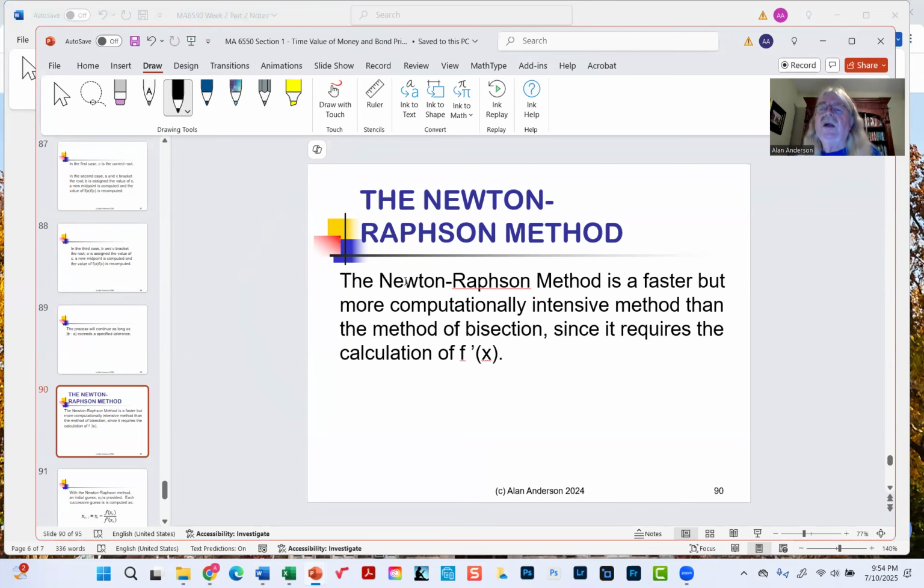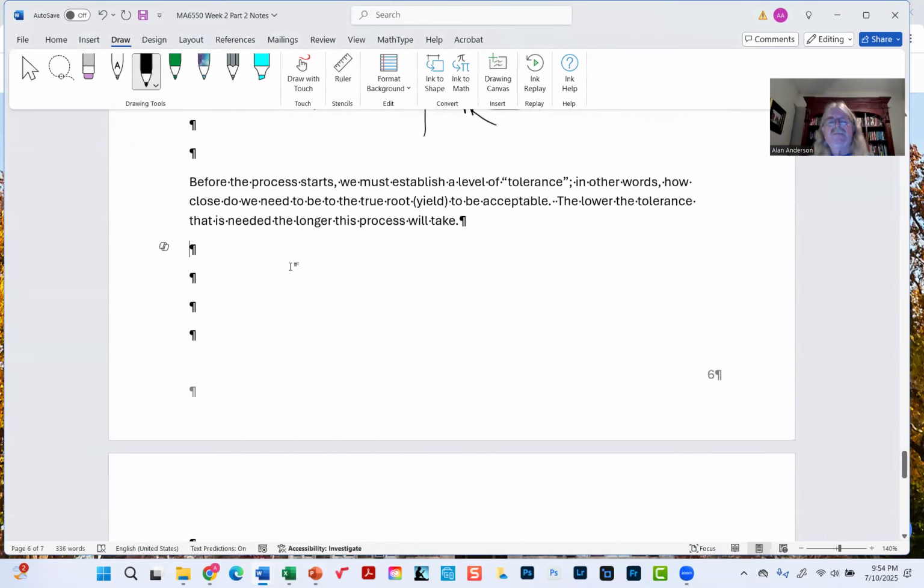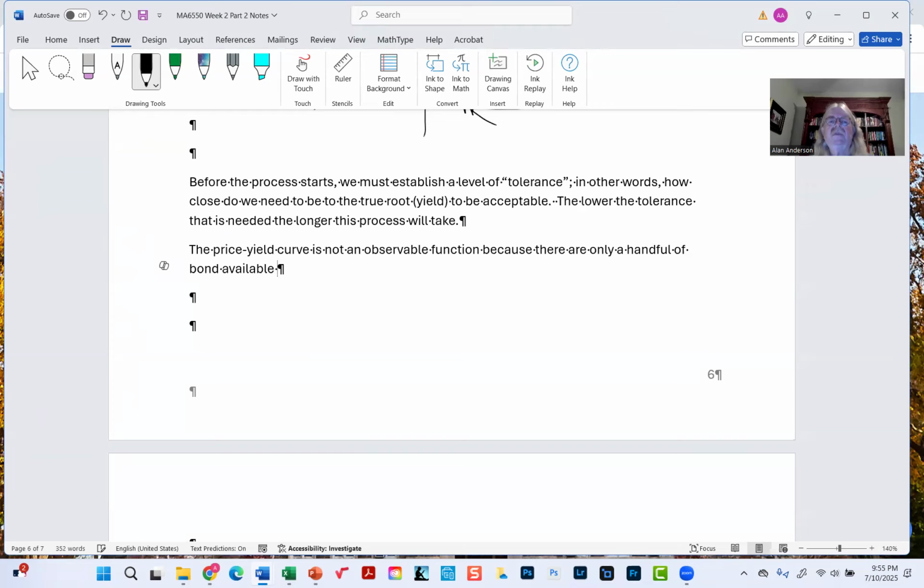Now, that could be a real problem here because one of the unfortunate things about the price yield curve is that the price yield curve is not an observable function, because there are only a handful of bonds available to construct the price yield curve.